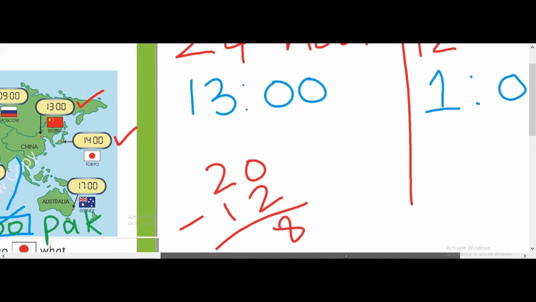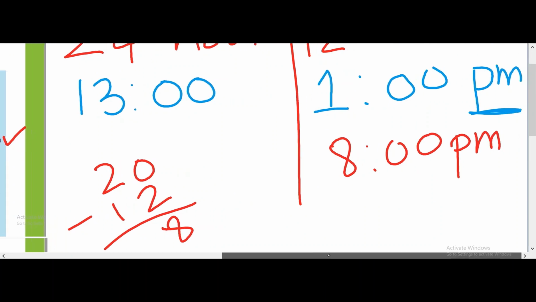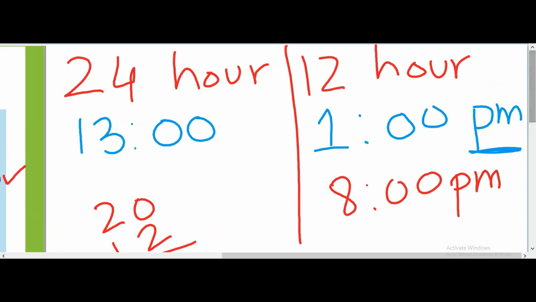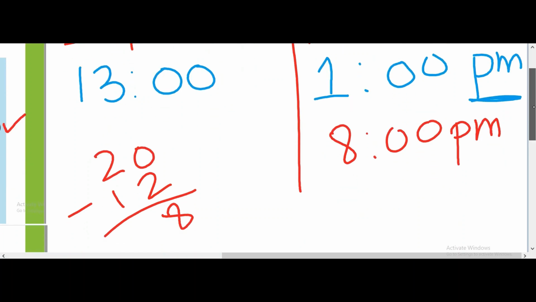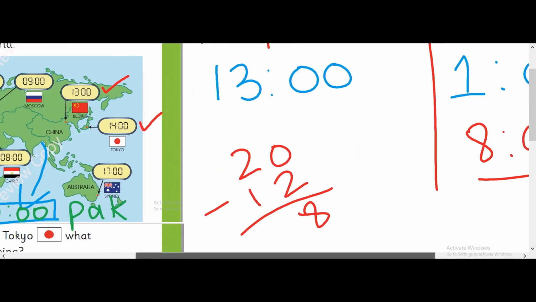It means that it is 8 AM or PM? PM. Why PM? इसलिए कि टाइम जो है वो 12 से ग्रेटर था. ठीक है, 12-hour क्लॉक में 12 से ग्रेटर टाइम था, 20 था. तो जो टाइम हम सब्ट्रैक्ट करके निकालते हैं वो PM में होता है. ठीक है, 20 minus 12 is 8, so it is 8 PM.